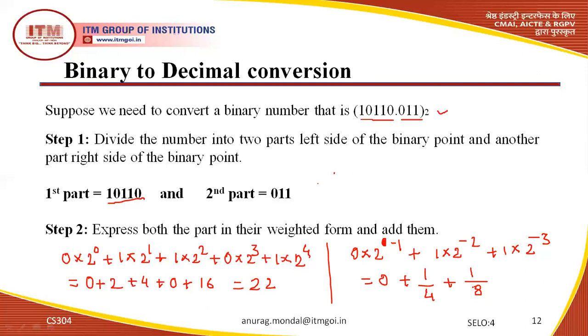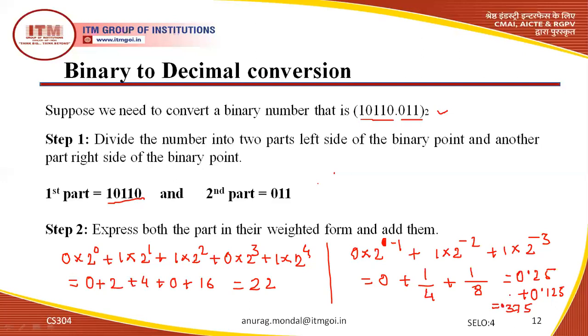And if I divide all the things, then we have 0.25 plus 0.125. So ultimately we have 0.375.